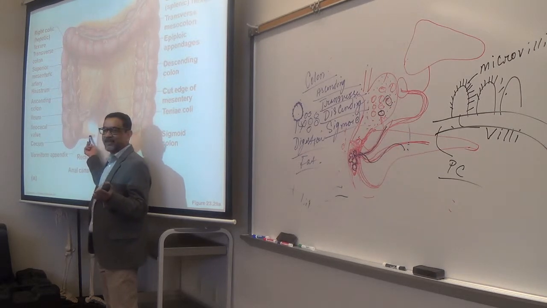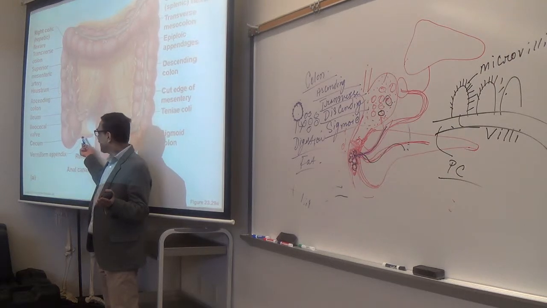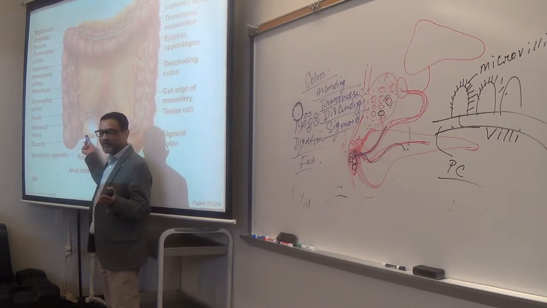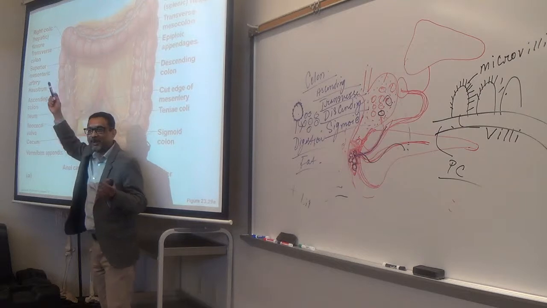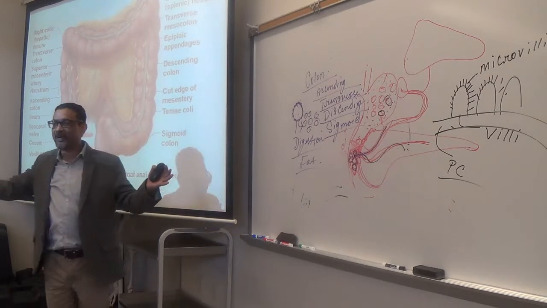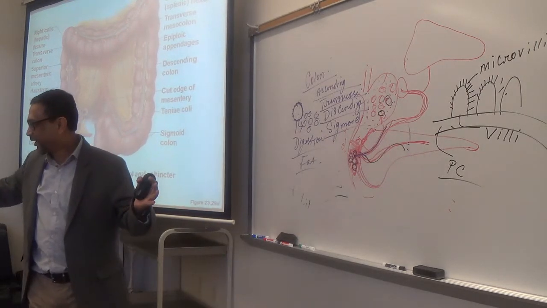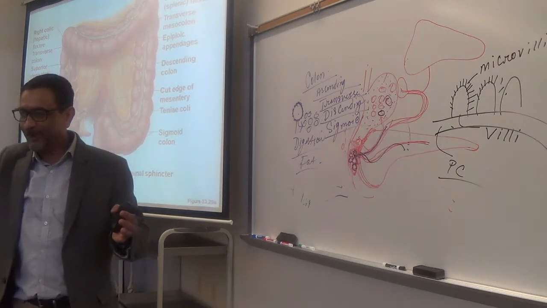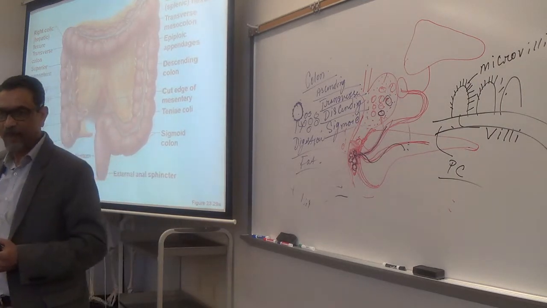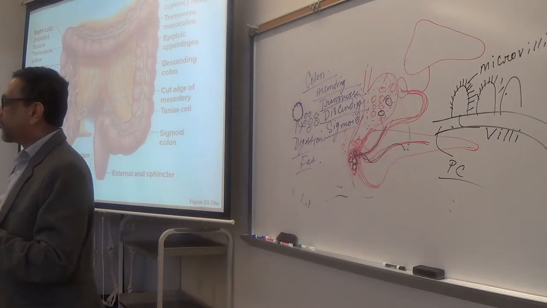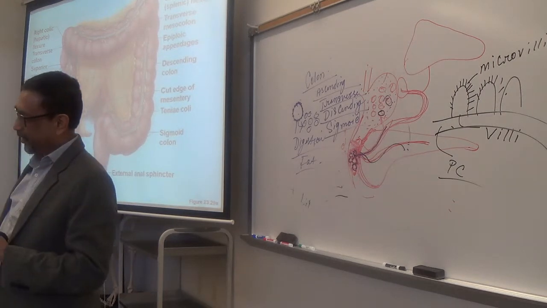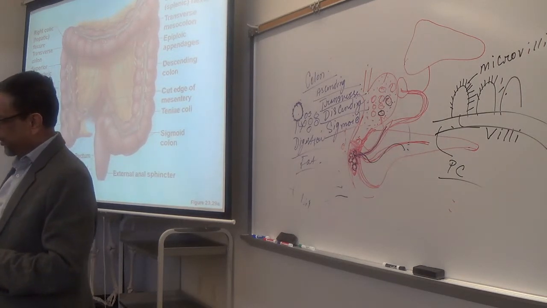This appendix has basically no use in our body. There are some lymphoid follicles, but you know in the wall of the intestine you have aggregated lymphoid follicles, called the Peyer's patches. We don't need those small amounts of lymphoid follicles. Make sense? So basically, the appendix has no function in your body.